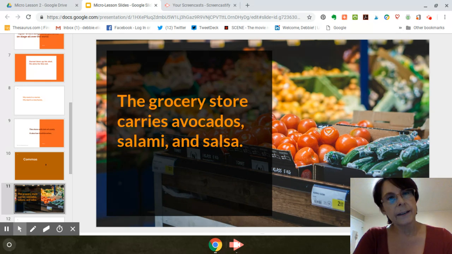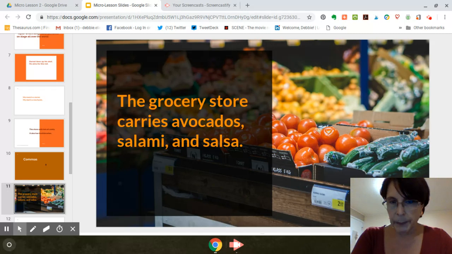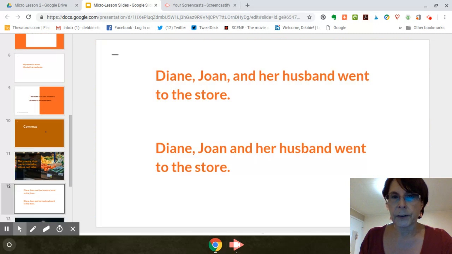I mean, it is possible, and we see a lot of people do it without the comma in front of the "and." So you could get away with it. You could say avocados, salami and salsa. But there are some situations where you need that comma so it isn't so confusing for the reader. So here's an example. Diane, Joan, and her husband went to the store.